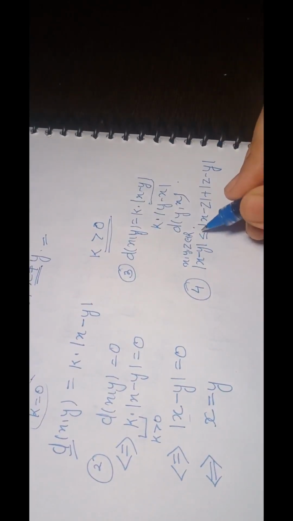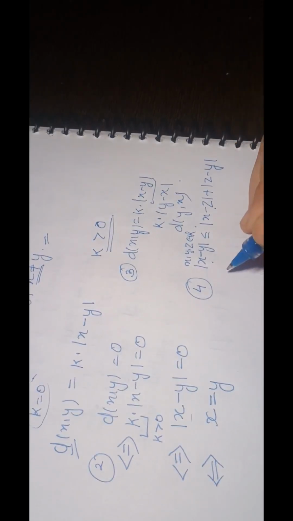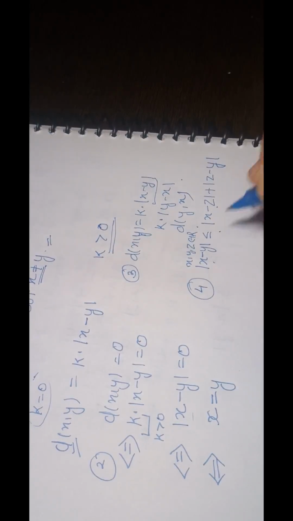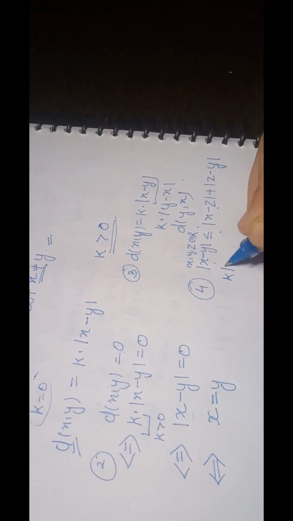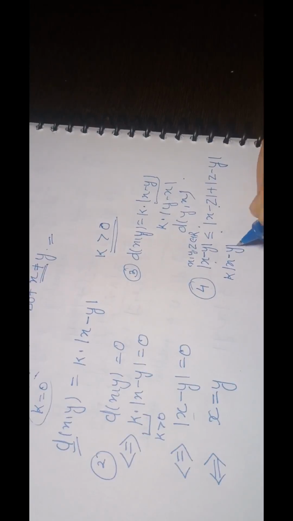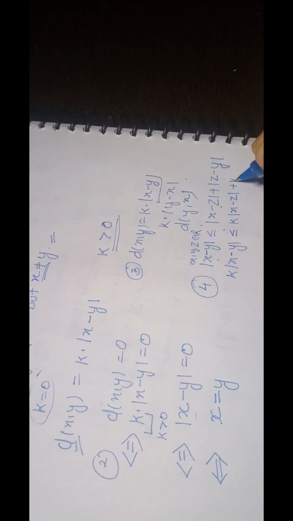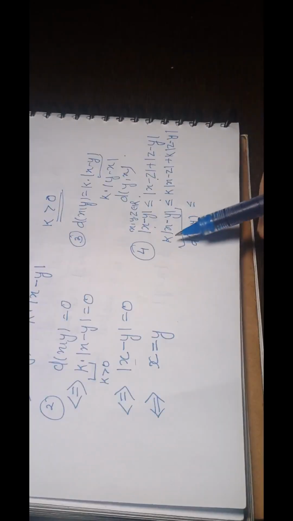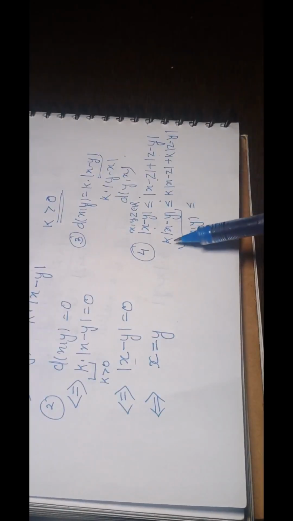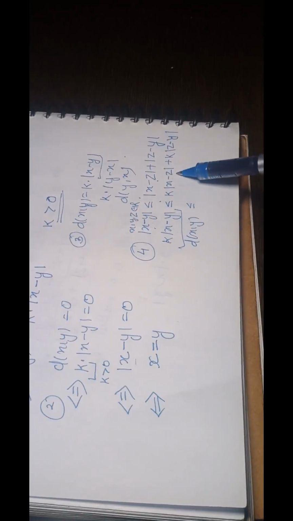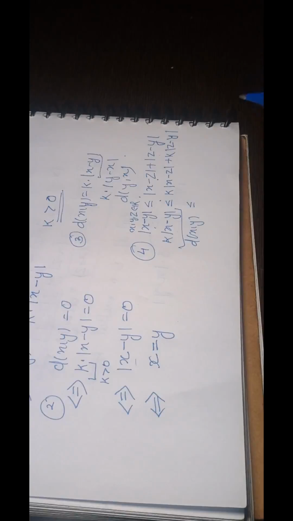So if I multiply both sides by a strictly positive number k, the inequality will remain as it is. Multiplying with k on both sides, I get k times mod of x minus y is less than or equal to k times mod of x minus z plus k times mod of z minus y.